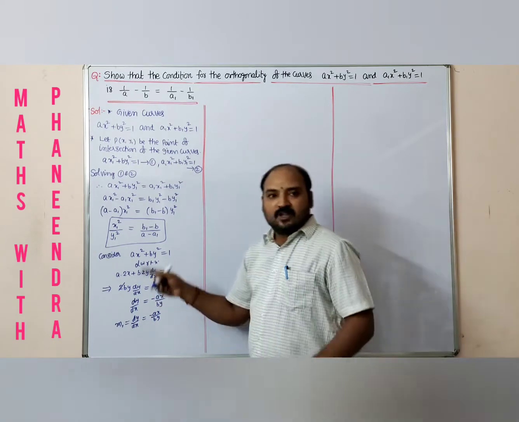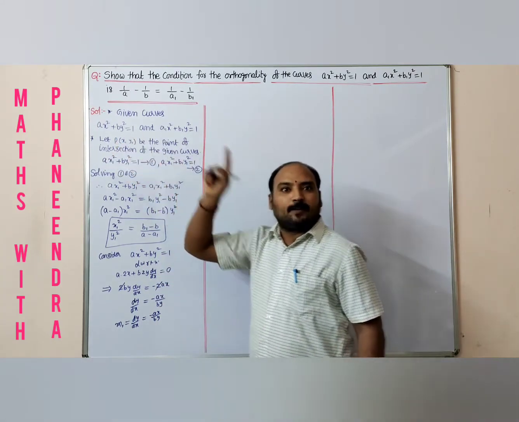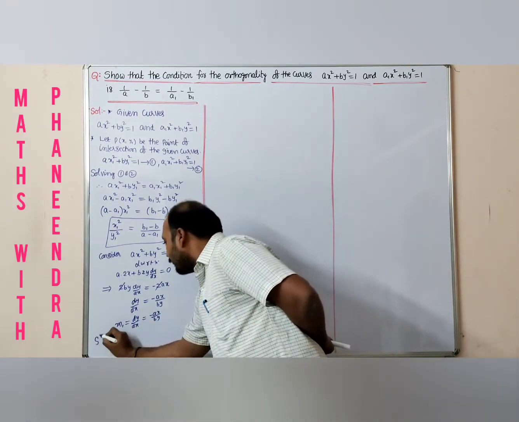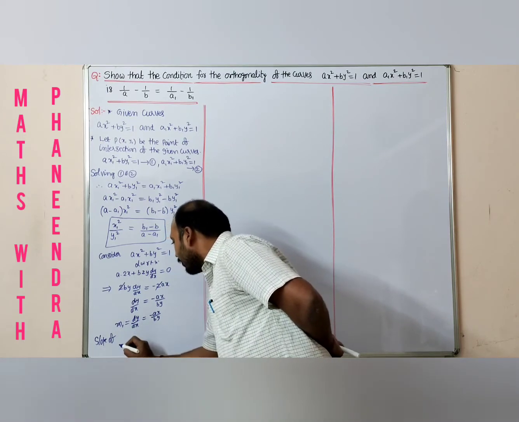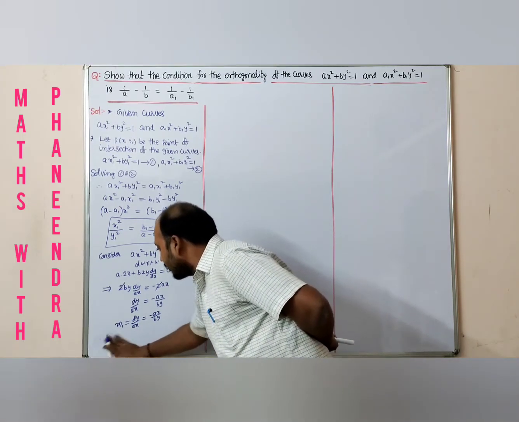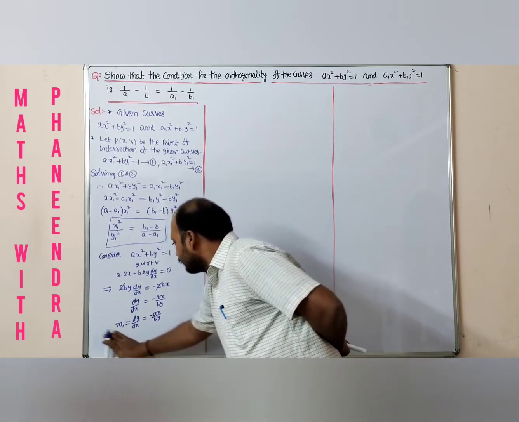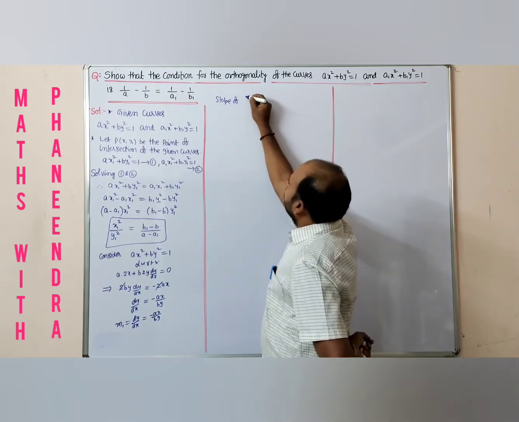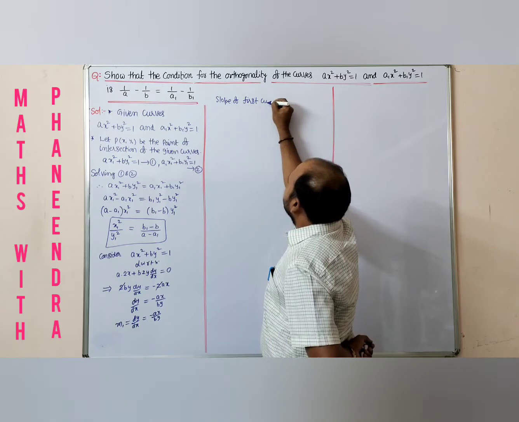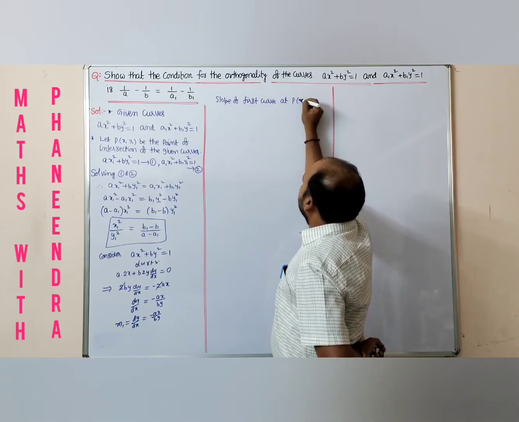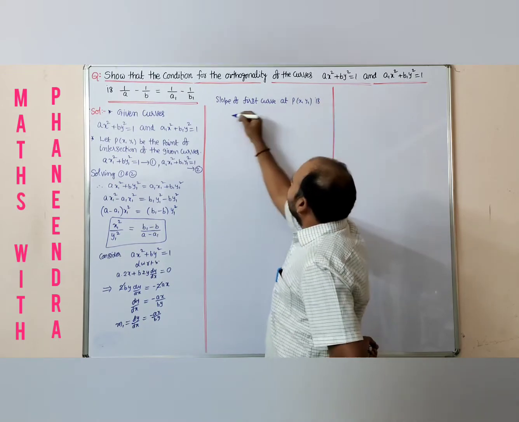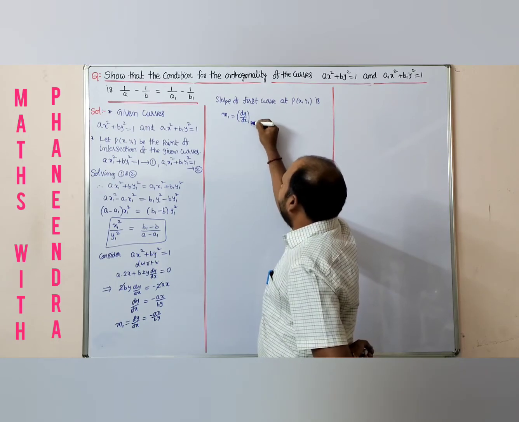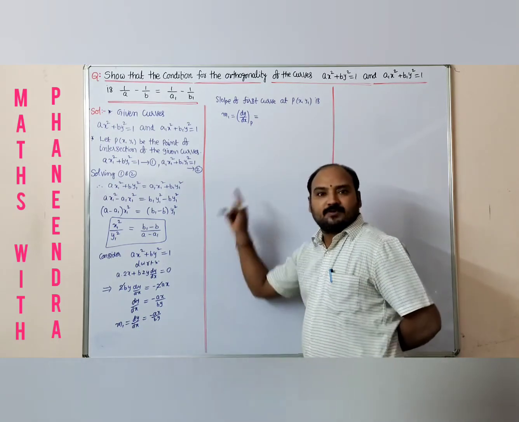But the slope of the first curve, at what point will we calculate? P of x1 y1. So in place of x and y, substitute x1 y1. Slope of first curve at P of x1 y1 is m1 is equal to dy by dx at P. So in place of x and y, substitute x1 y1.